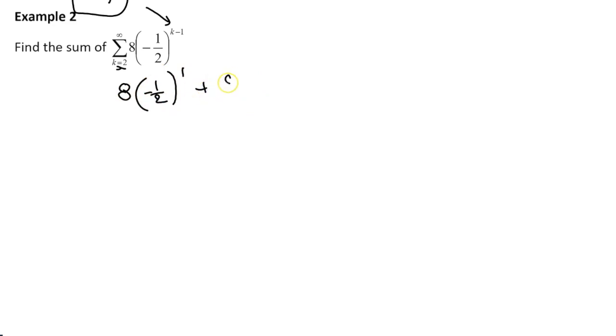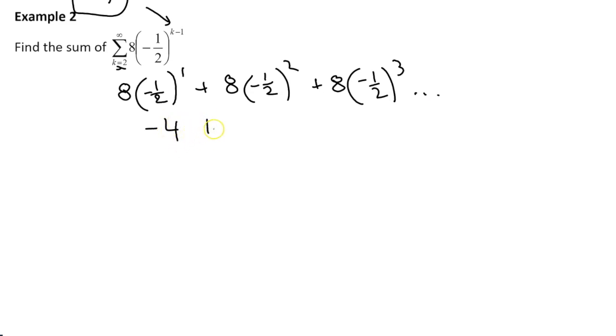And then your next term would say 8 times -1/2 to the power of 2, and then 8 times -1/2 to the power of 3. And if you want to figure out what all of that can simplify to, this would be -4, and then right here, this is going to be +2, and that's going to be -1.